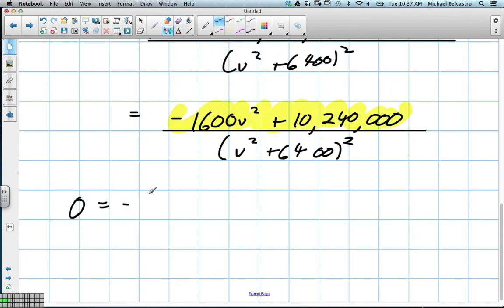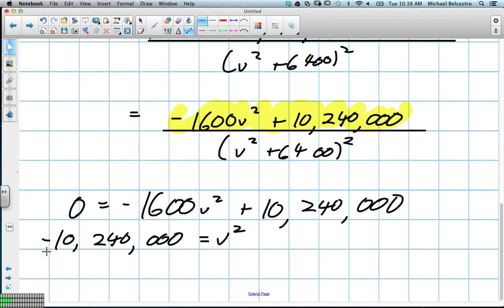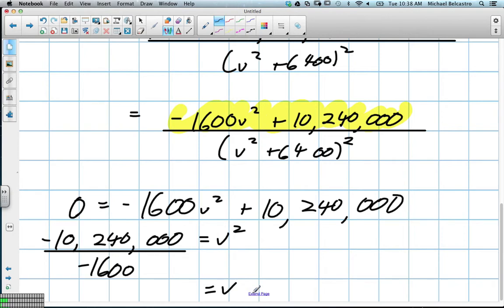0 is equal to negative 1,600 v squared plus 10,240,000, which means this comes over and is divided by 1,600 when it's negative, v squared. So we're going to divide these values and then square root them. Who's got it for me already? 80, is that what it is?